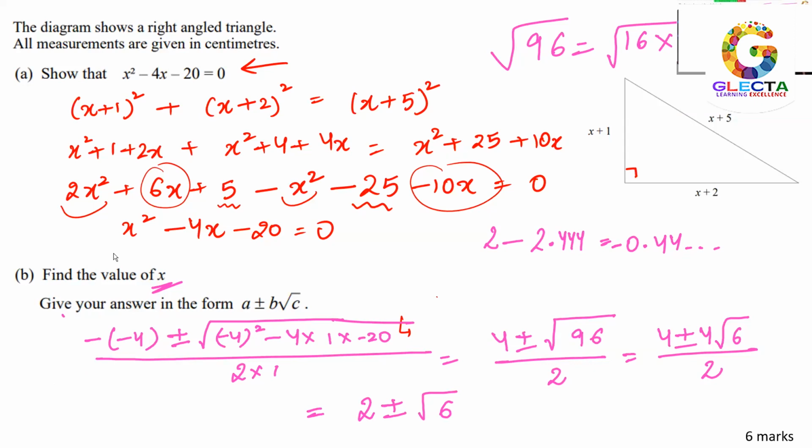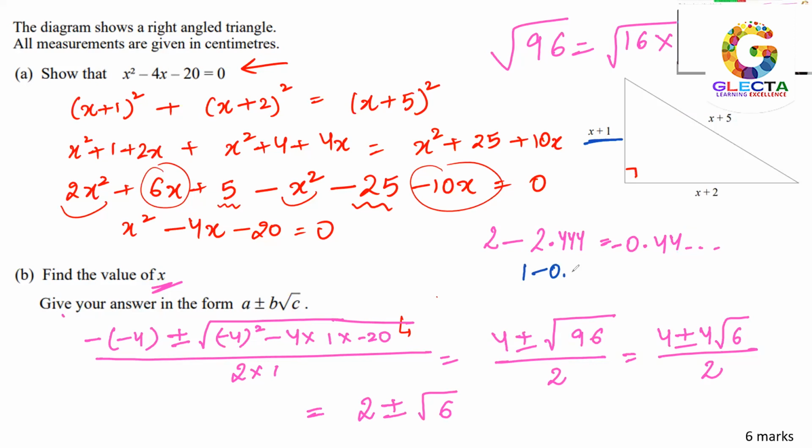Most of the times we reject negative values. In case my triangle had these sides, x plus 2, x plus 5, this type, and I was getting the value of x as negative, length cannot be negative, right? In that case, I would have said that this negative answer is not possible. Then I would be seeing only the positive answer. But over here, it's x plus 1. This is the smallest.